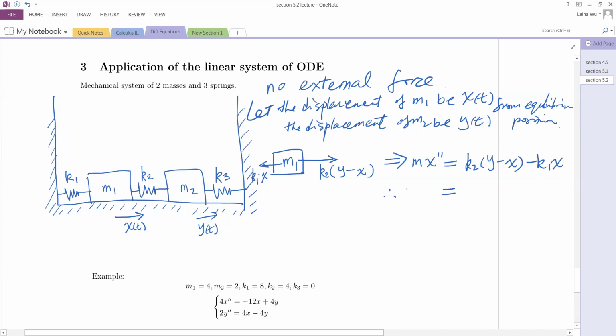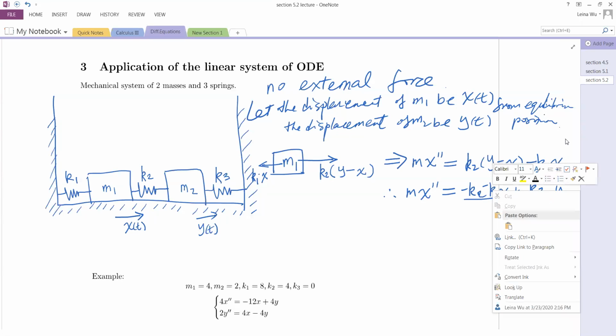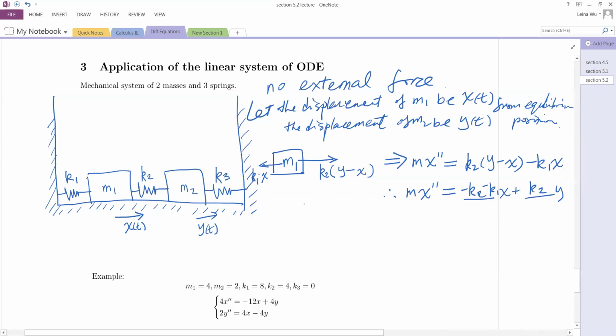You can also write this as m x double prime equals, let me put x together and y together: the coefficient of x is negative K2 minus K1, and the coefficient of y will be K2. Is that good for the mass M1? Okay. Let's look at mass M2.